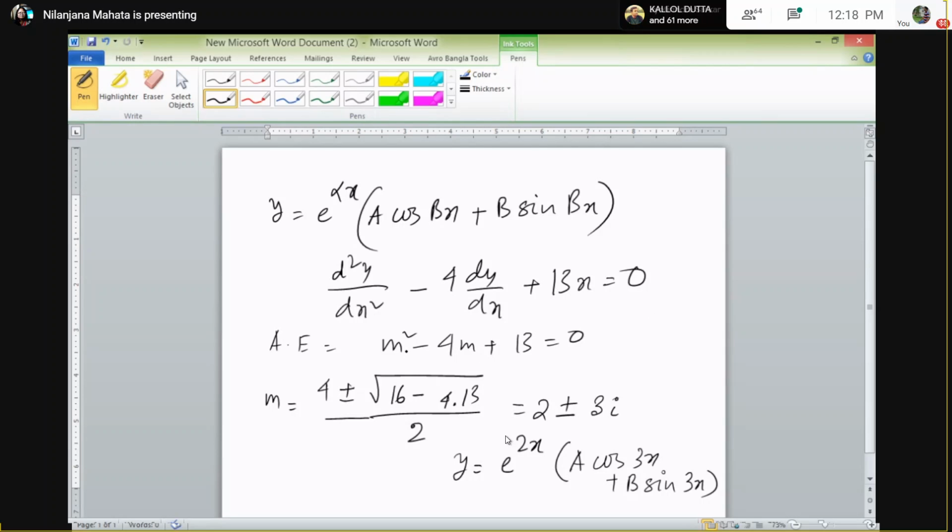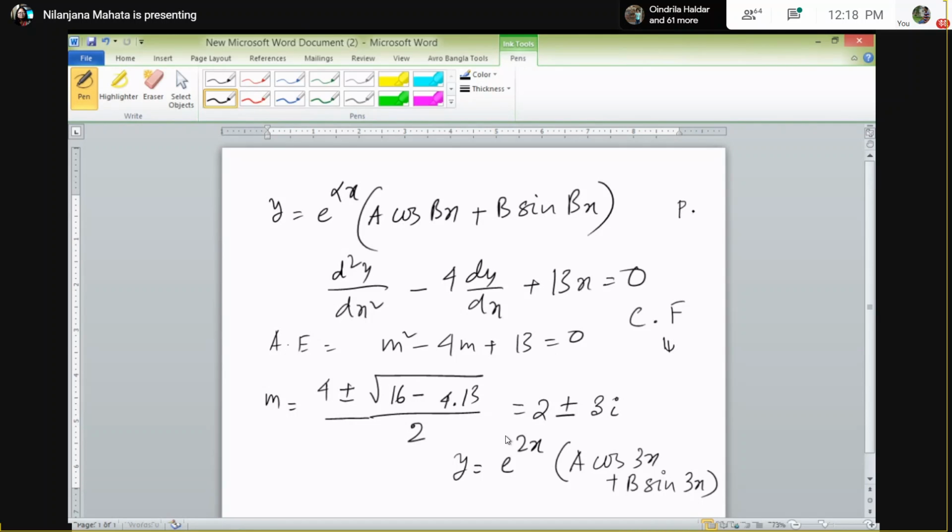So whatever be the problem, you will be able to solve. Any type of homogeneous equation, you will be able to find the complementary function for any type of coefficients. Okay, so now you know how to get your CF.